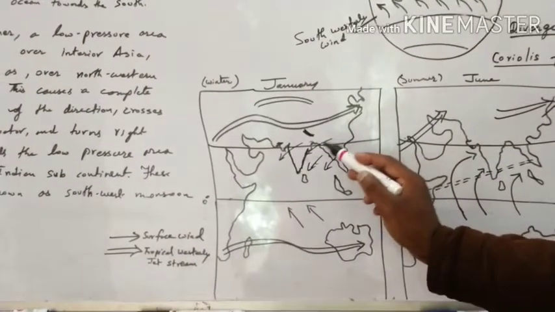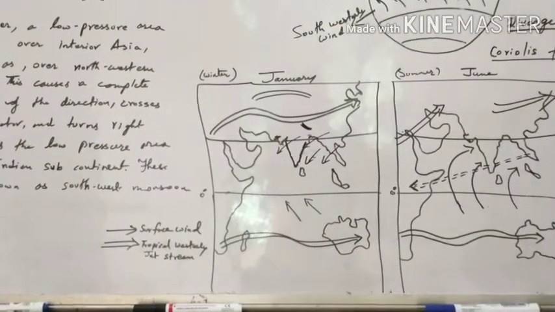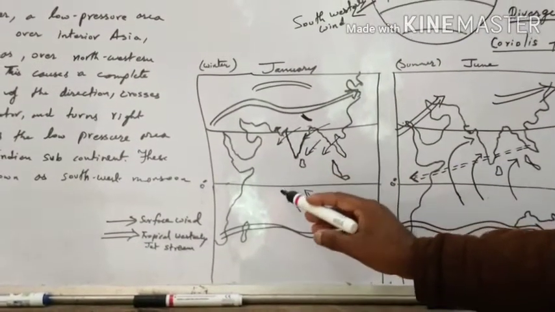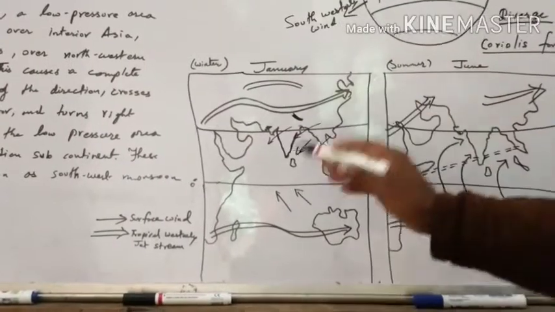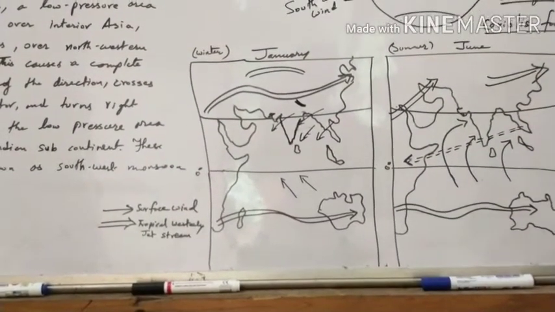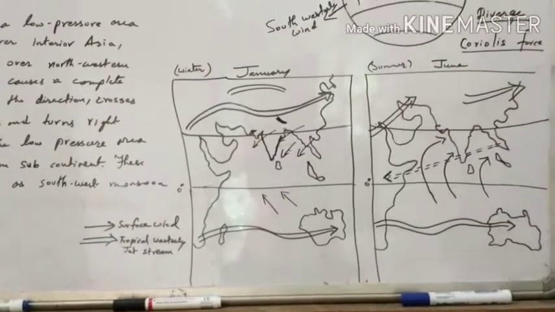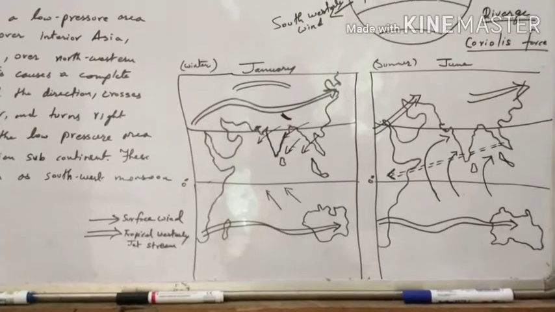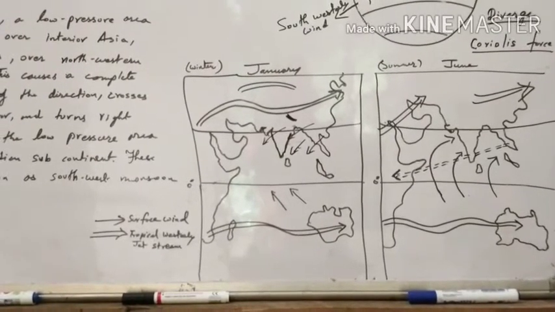This arrow shows the surface wind, which is blowing from the north towards the equatorial region, that is towards the south. While blowing it has to pass over the ocean region and finally it reaches the equatorial region. When it blows from the north, it brings very cold and dry wind, chilly cold wind.